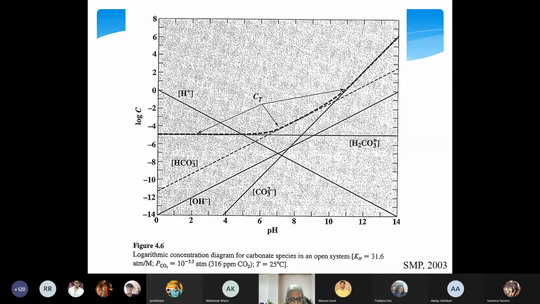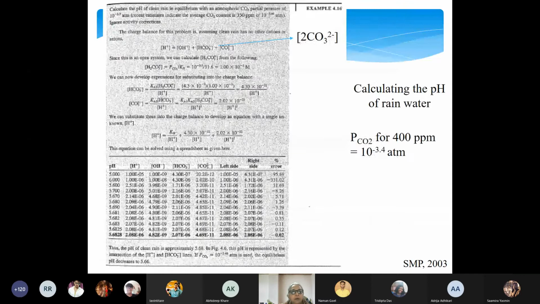So here is the atmosphere. Water in equilibrium with the atmosphere is an open system. So you have water at the bottom, atmosphere on top, and CO2 levels in the atmosphere are rising. You know your Henry's constant, and you know that KH is the ratio of the partial pressure of CO2 in the atmosphere divided by H2CO3 star.